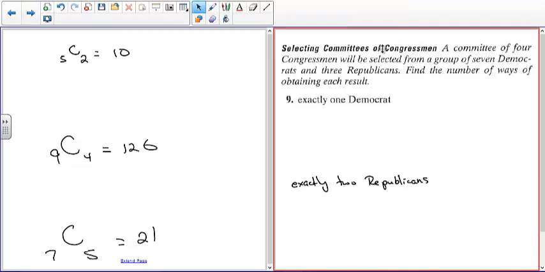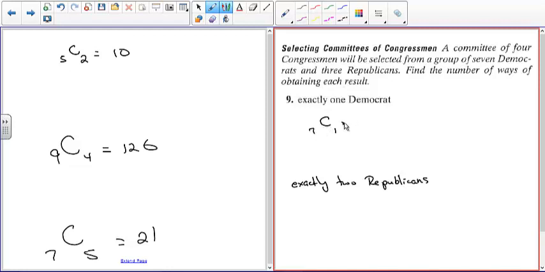So you look at it and you think, okay, I've got 7 Democrats and I want to have exactly 1 Democrat on that committee. And there's 4 people on the committee. So the first part of the process would be to take my 7 Democrats and pick 1 of them. So that's the appropriate combination expression.